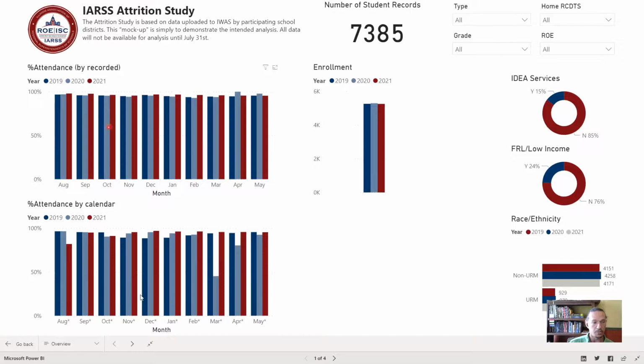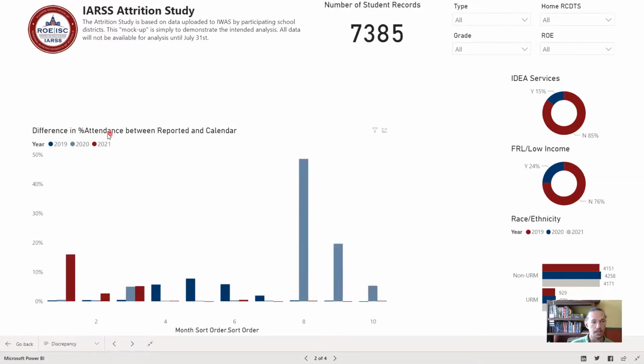We have a couple other pages in here where we're trying to expand out our analysis. The next page here, we're looking at that discrepancy between the attendance as it was reported to IARSS and as we calculated it using the school calendar. And so this is that difference in percentage.